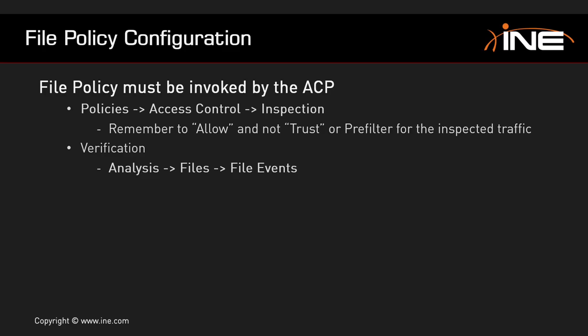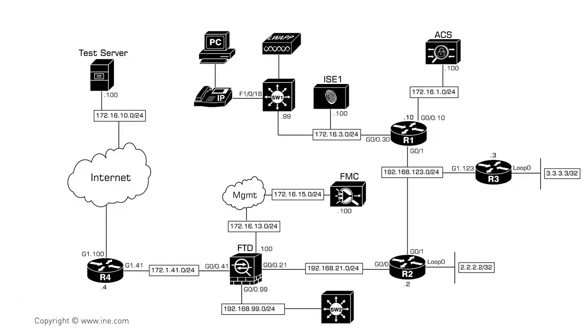So maybe let's go ahead and take a look at this in our network. What we will do here is that our test server is going to be configured with a web service, and it is going to store two different files. You will have an OK.txt file, and this is what we will want to allow.